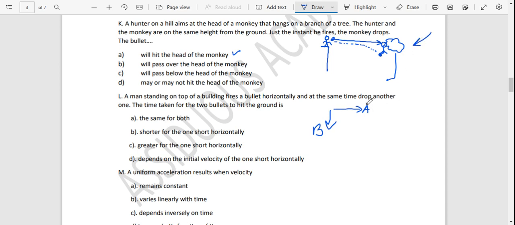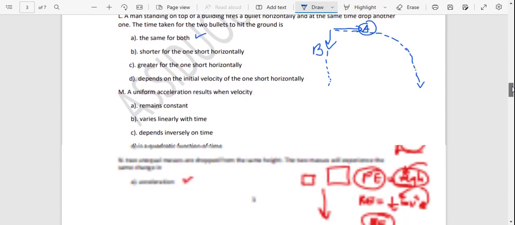That is because you don't have any component in the y direction for this one. So despite it being thrown in the forward direction, it is going to have the same acceleration down. It's just that it's going to reach the ground at a much further distance, but they're going to arrive at the same time because they're subjected to the same acceleration. All right, so the time to reach the ground is going to be the same for both.